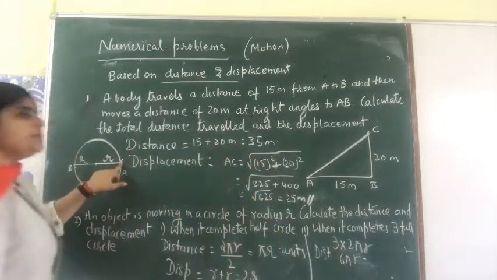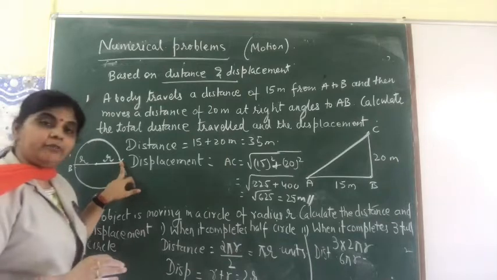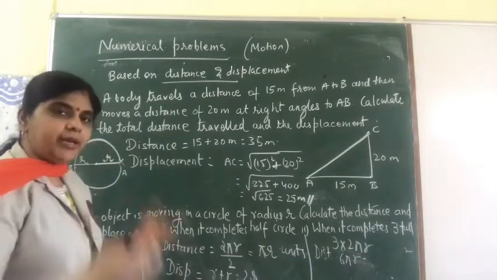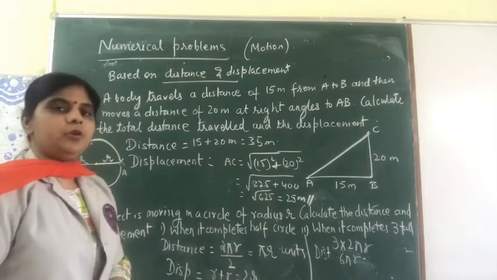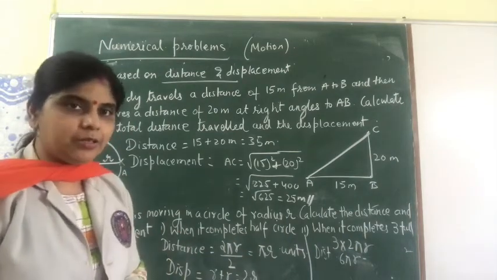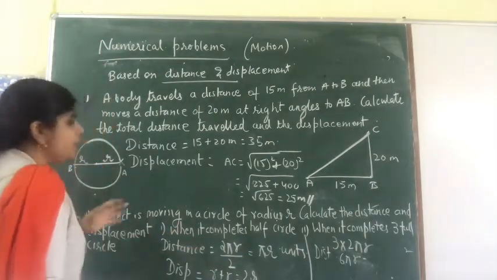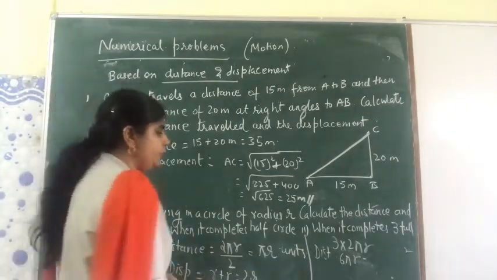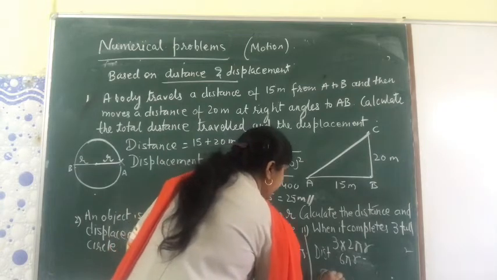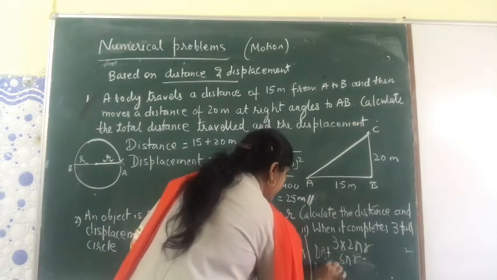And what about the displacement? Now you know very well, when the initial and final positions are the same, then how much distance you have traveled does not matter at all. If you are taking 3 rounds, 10 rounds, 20 rounds, 100 rounds, the displacement would be 0. So in that case, displacement would be 0.